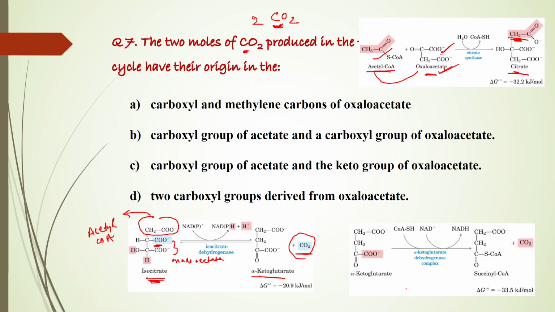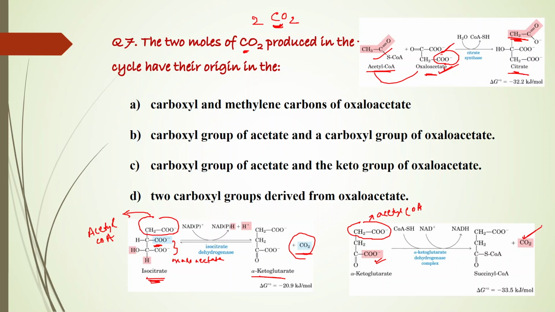Okay, and in the next step, after it gets converted to alpha ketoglutarate and CO2, you have again your alpha ketoglutarate here. One CO2 molecule from oxaloacetate has been formed. Next part, again if you see here, this upper part was from acetyl-CoA, but this second COO minus group shown here was again an integral part of oxaloacetate, which is again being converted to CO2 here.